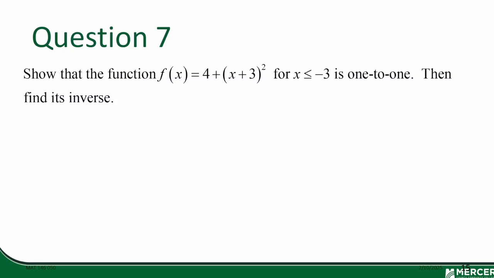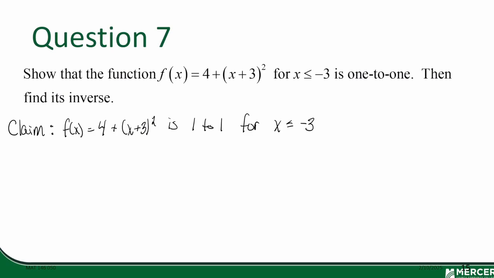Show that this function for the specified domain is 1 to 1 and find its inverse. I'm going to use the shorthand for 1 to 1, just use the numbers instead of spelling it out.